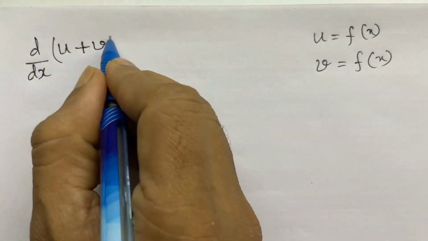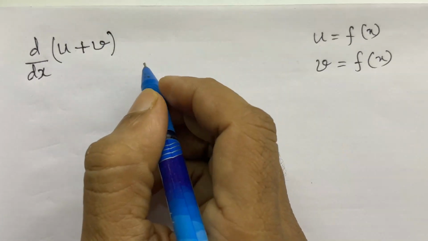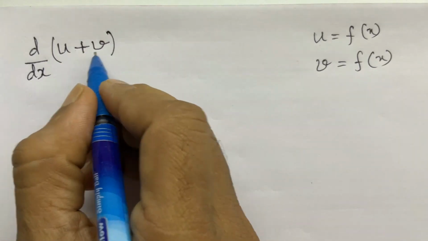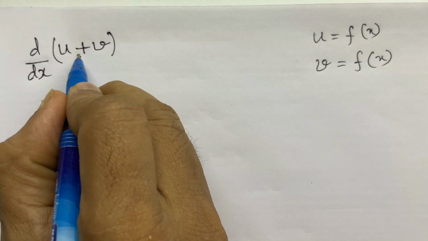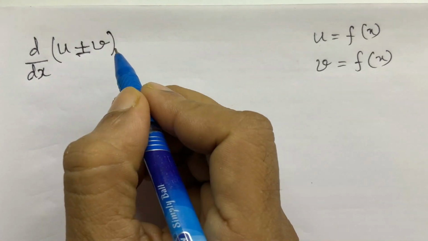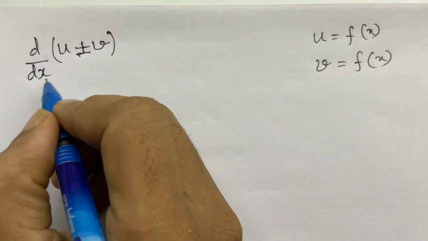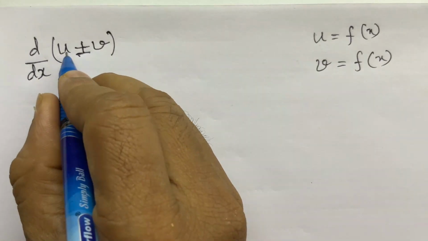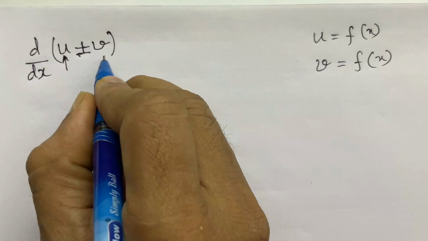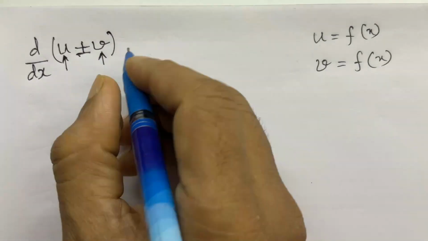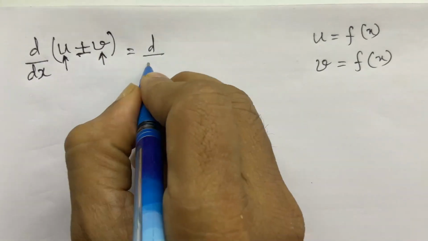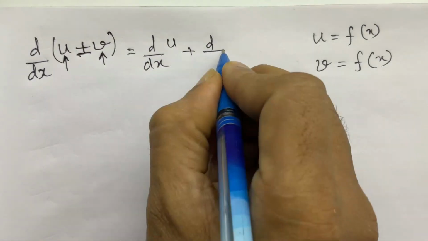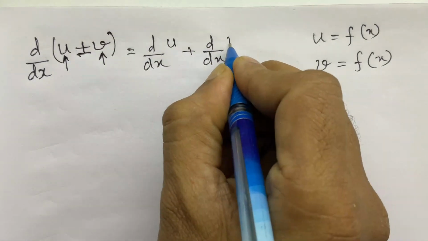So you remember that this plus or minus, if any, this d dx can be applied separately on each of the functions. This is the thing you have to remember here. So you do d dx separately for u, and d dx separately you apply on v.